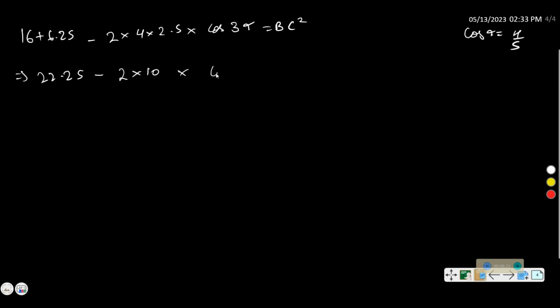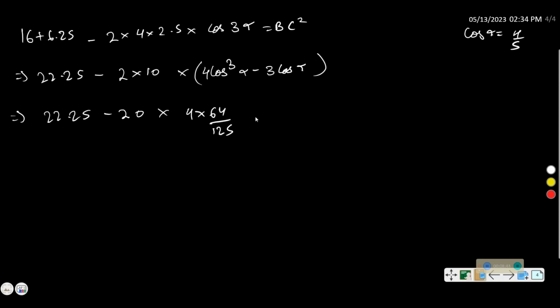We just studied cos 3 alpha equals 4 cos cube alpha minus 3 cos alpha, right? And this can be further written as 22.25 minus 20 times, 4 cos cube alpha, that is 4 times 4 by 5 whole cube, 64 by 125, minus 3 cos alpha, that is 3 times 4 by 5, that is simply 12 by 5.